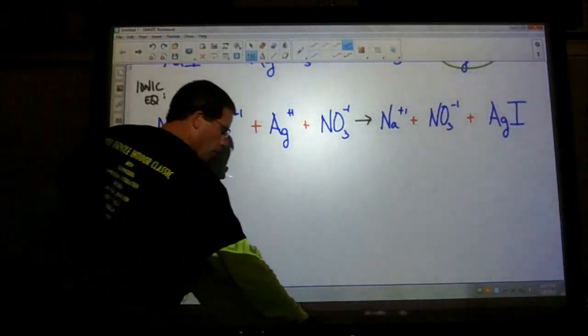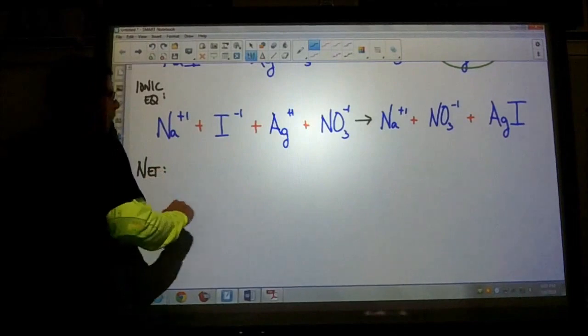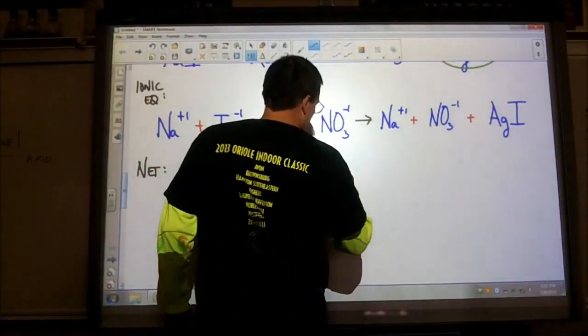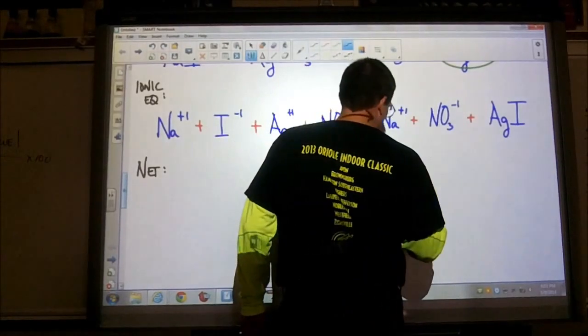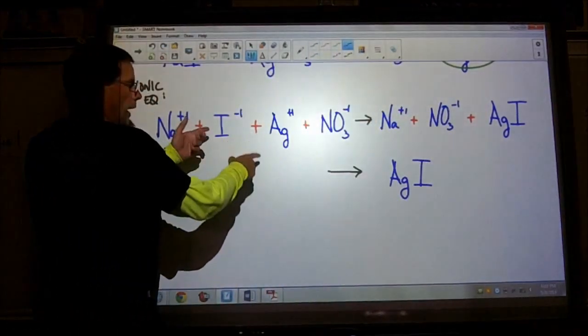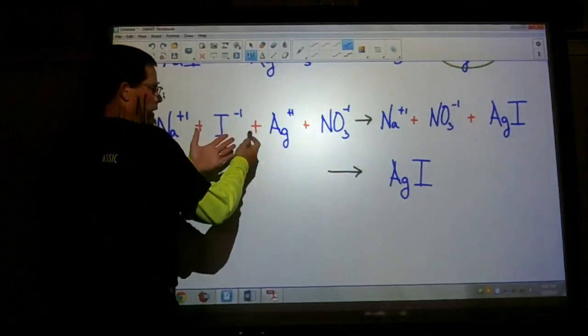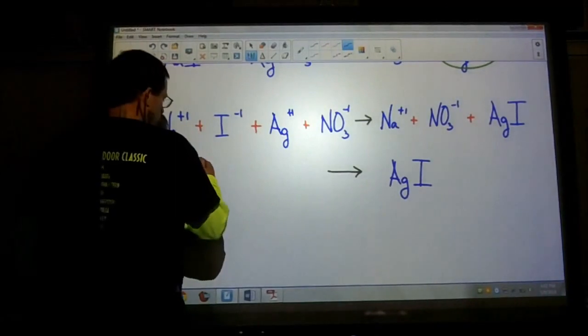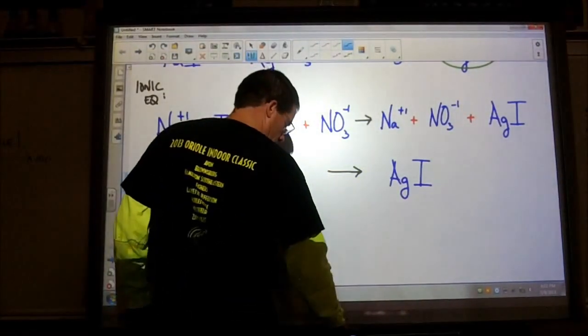And then the net equation is what makes up our precipitate, which in this case is silver iodide. And if you write the iodine before the silver, that's okay. Again, the plus sign just means and. So if you do this, please don't write the iodine first there.